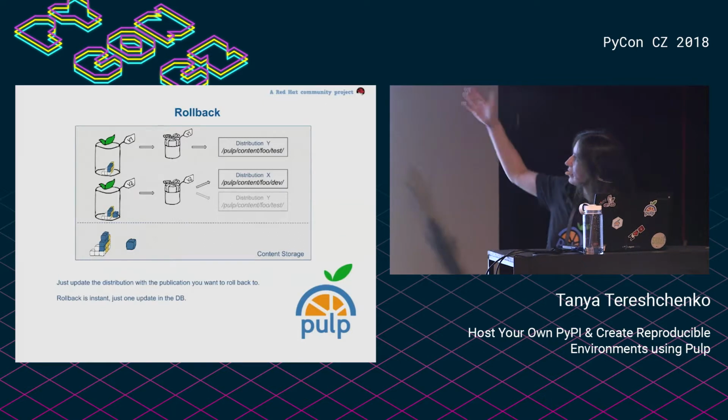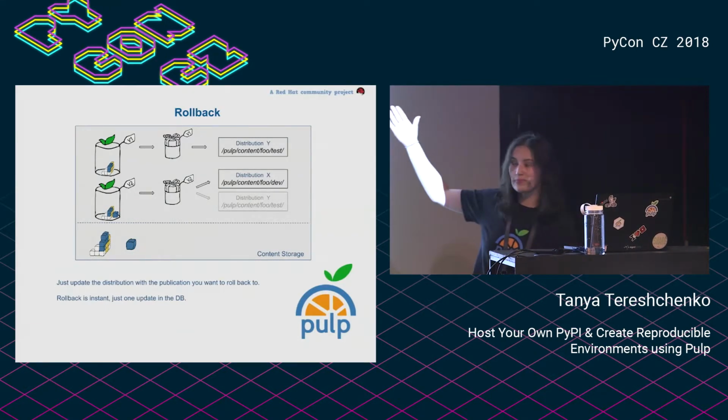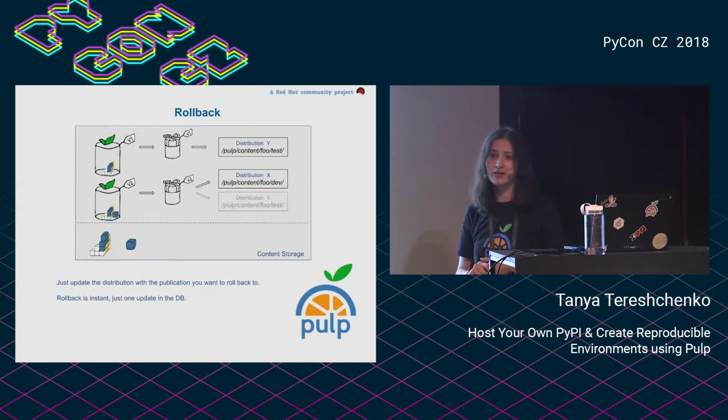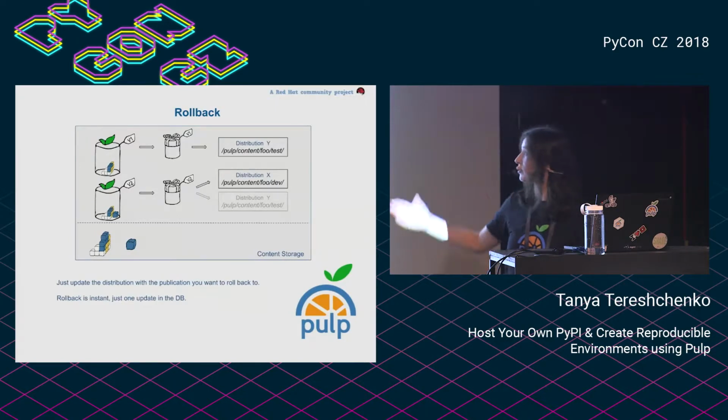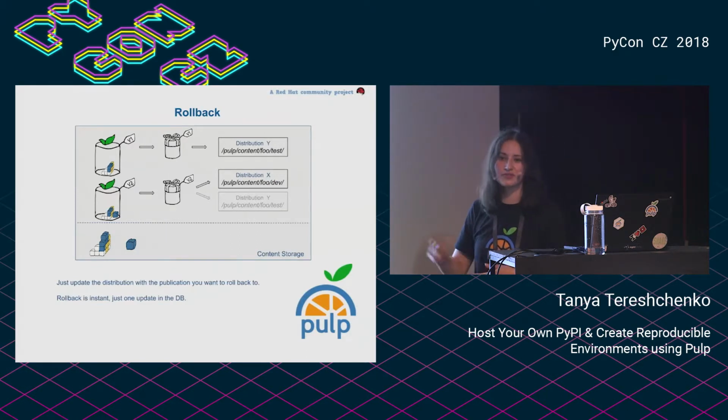And in my example here, let's say QE found some issue in the version 2, but they don't want to be blocked, and they want to continue to test other areas. So they're OK to roll back to the version 1, while developers still want to stay at version 2 because they would like to track down the root cause of their issue. So you may want to serve different versions at the same time.